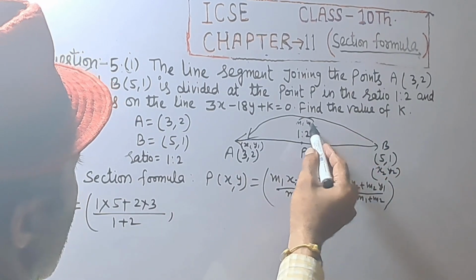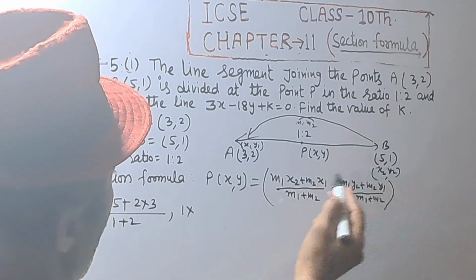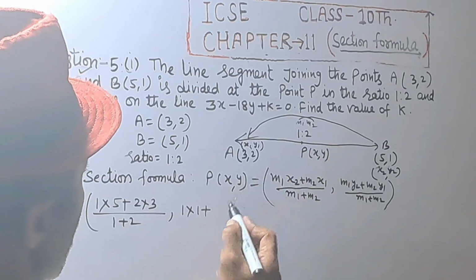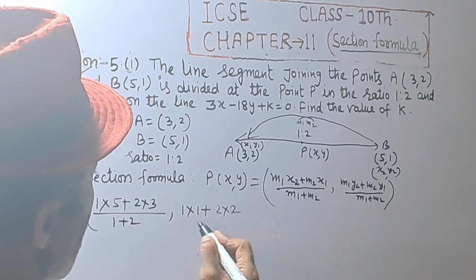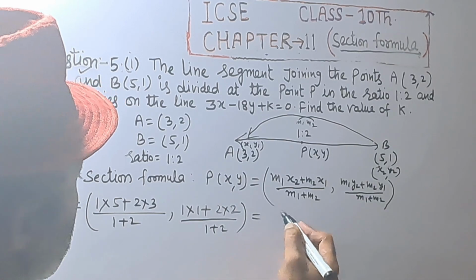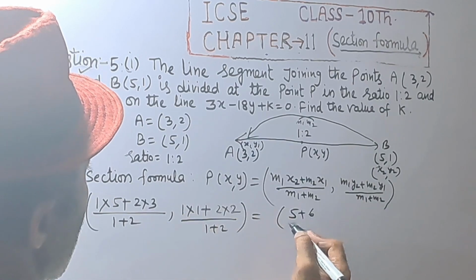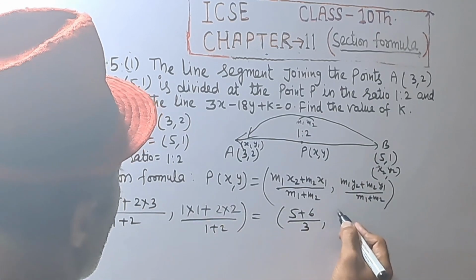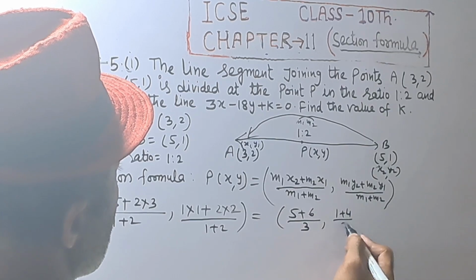M1 y2 plus M2 y1: M1 is 1 into y2 is 1 plus M2 is 2 into y1 is 2, divided by 1 plus 2. That is equal to 5 ones are 5 plus 3 twos are 6, divided by 3, and 1 ones are 1 plus 2 twos are 4, divided by 3.